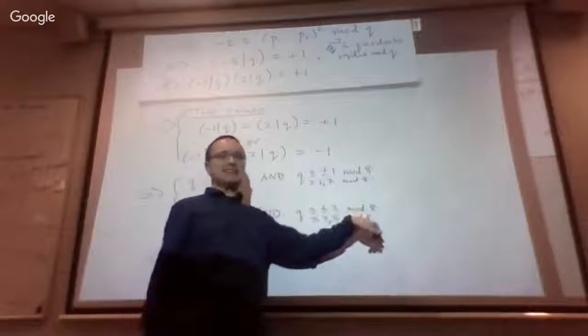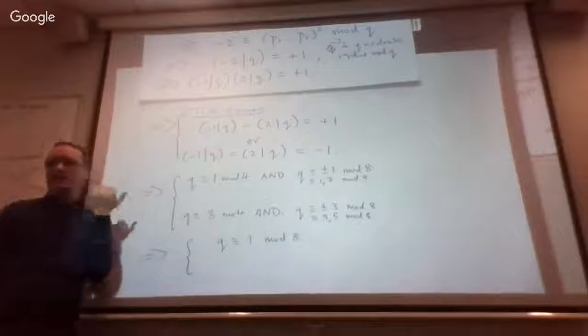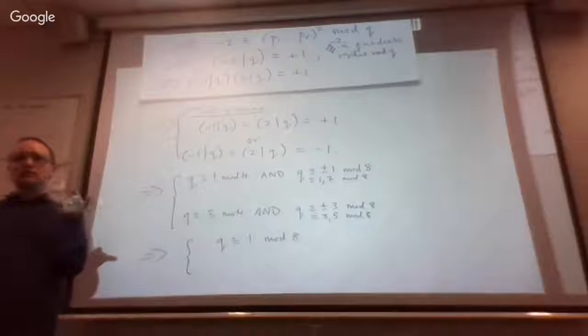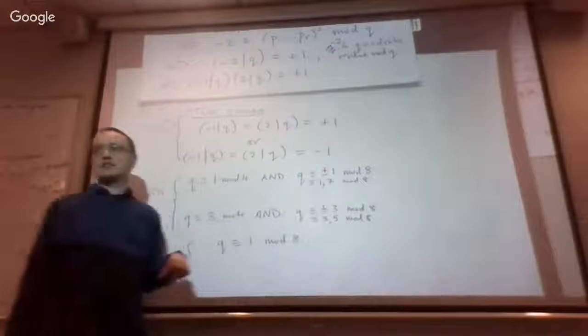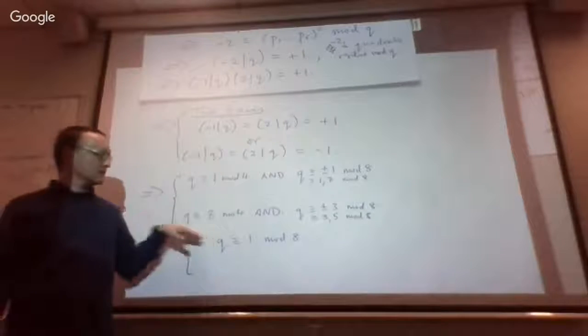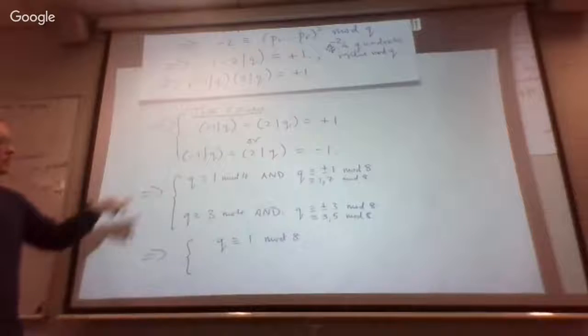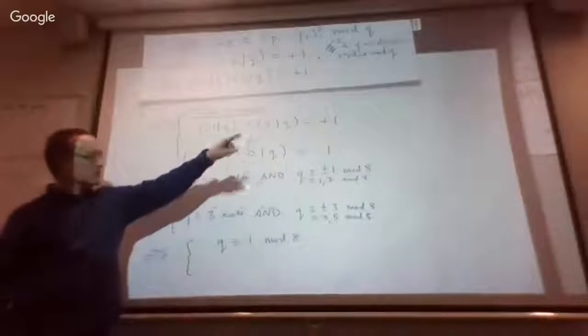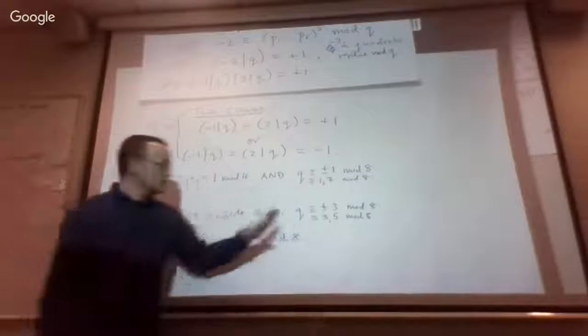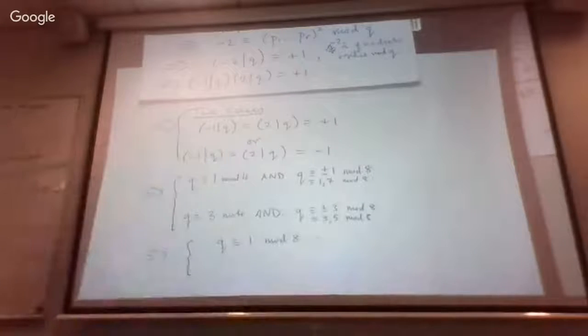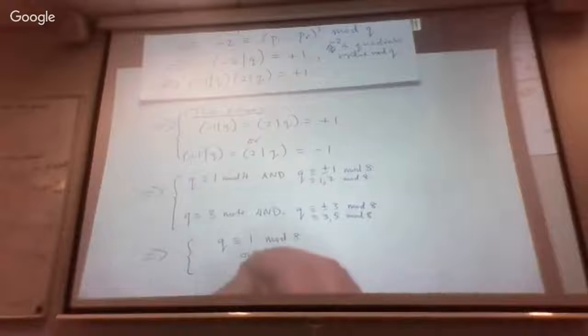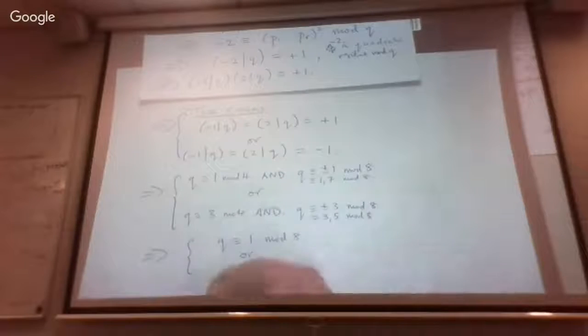But if you're 5 mod 8, you're congruent to 1 mod 4. So 5 mod 8 is impossible in this case because it's paired together with the 3 mod 4, which is coming from the Legendre symbol of minus 1 being minus 1. Okay. So it can't be congruent to 5 mod 8, so it must be congruent to 3 mod 8. There's still an or between these two lines.